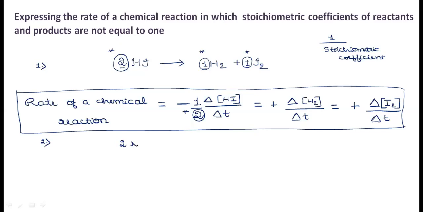one more example. For example, 2 moles of nitric oxide on its oxidation gives rise to nitrogen dioxide, 2 moles of NO2. Now we need to express this in the definition of rate expression form.